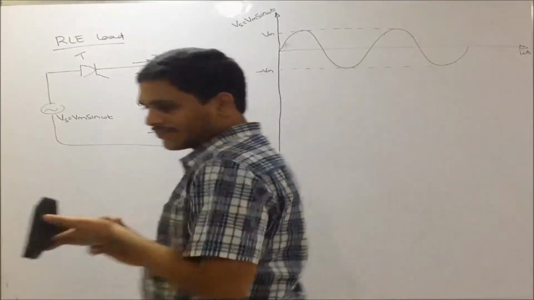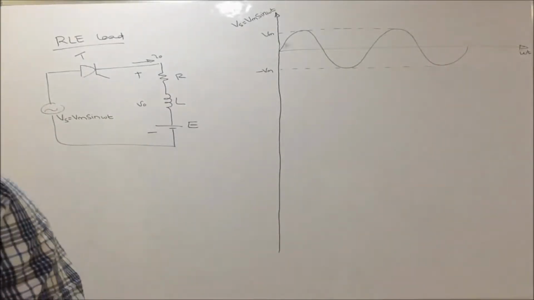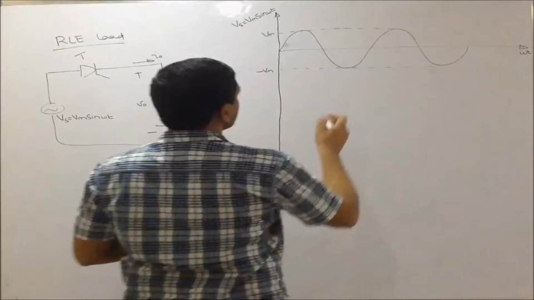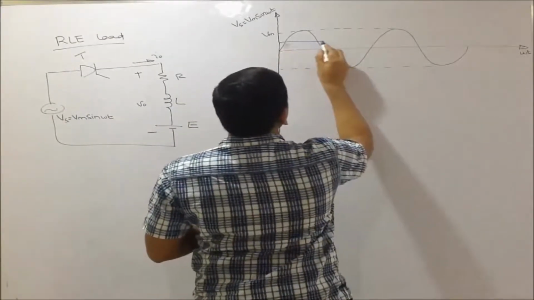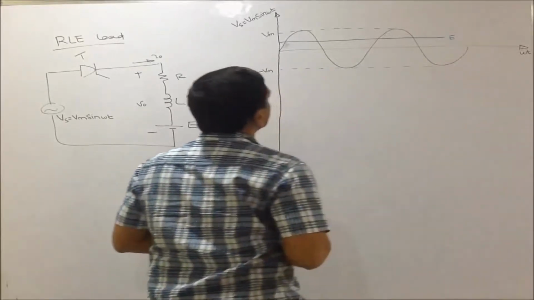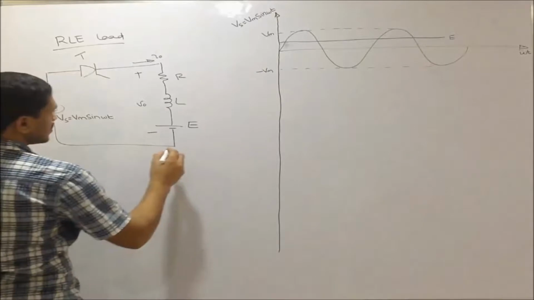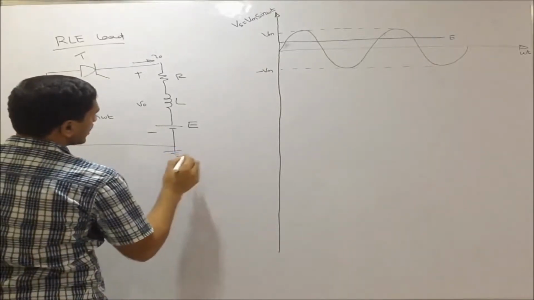Let us suppose say my E magnitude is this one. Okay, this is trying to reverse bias my SCR. This terminal I can take as a ground.